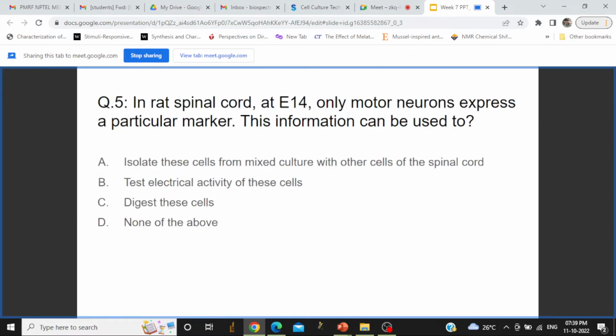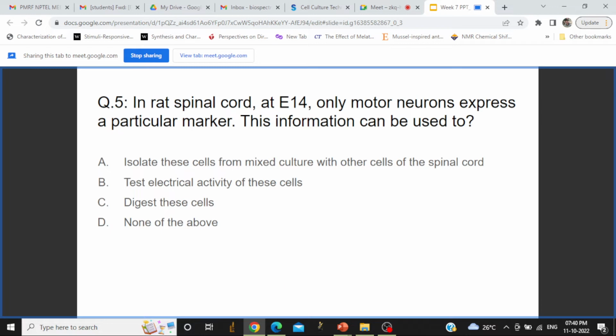So question number 5 is, in the right spinal cord at E14 only motor neurons express a particular marker. This information can be used to. So the question is, in the right spinal cord there is some location E14, there are some motor neurons, and these motor neurons express a particular type of marker.